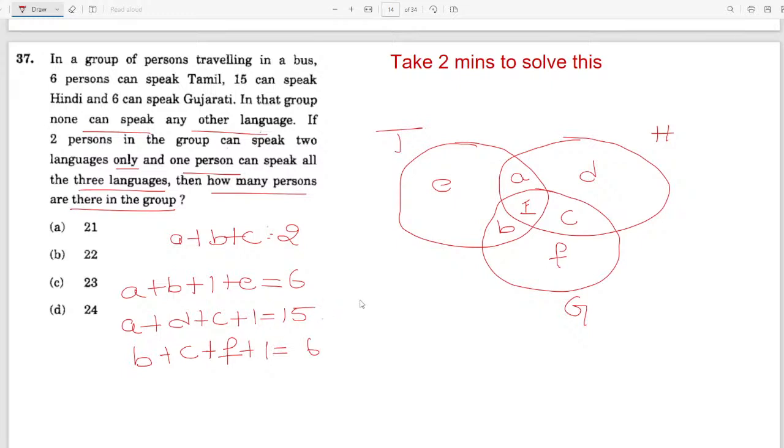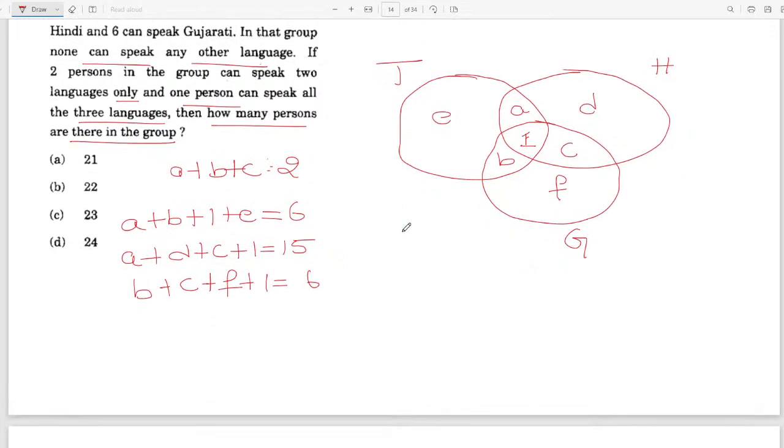Now what we'll do is, we will calculate the variables, only the variables here. So first equation, we have A plus B plus E is equal to 5.